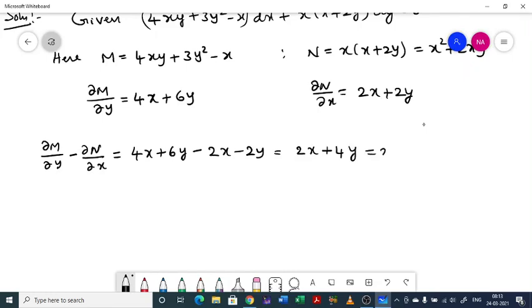Taking 2 outside, it will be 2 times (x + 2y). Now look into this and this with this, we can check that in terms of coefficients and degrees, this difference ∂M/∂y minus ∂N/∂x is close to N.